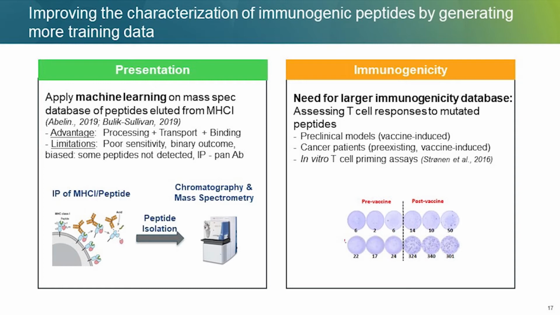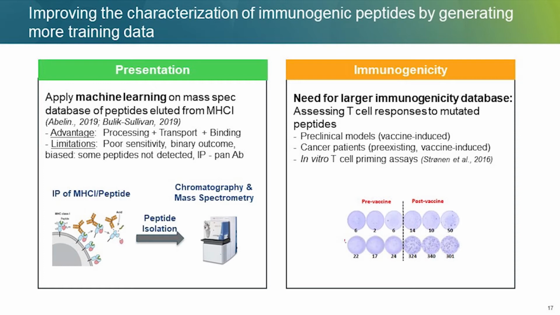In regard to immunogenicity, not only does the peptide have to be presented to the T cells, the peptide also has to be recognized by these T cells as foreign. So we need to generate a larger immunogenicity database, and that will come from preclinical models, as we have already done, but also from all the clinical studies looking at pre-existing immune responses as well as vaccine-induced responses.